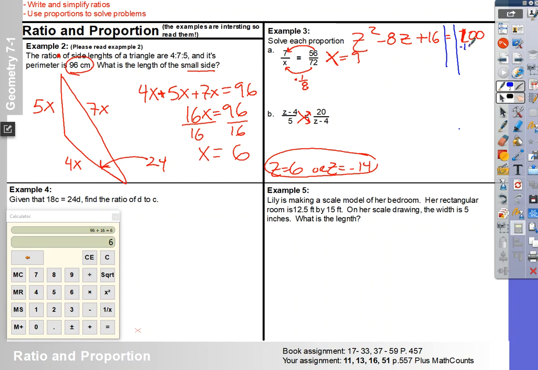So let's subtract 100 from both sides so we can make it equal 0. So we have z squared minus 8z minus 84 equal to 0. So now we need to come up with two numbers that multiply together to 84 but add to negative 8.